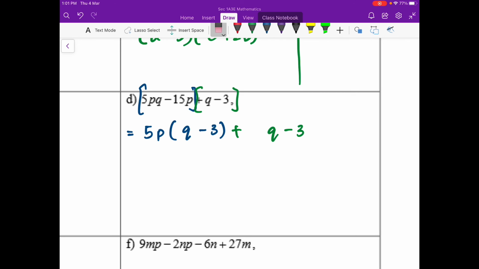Therefore, it is recommended. Then you put brackets over here. Recommended. And then you can choose to put a 1 if you like. Nothing wrong with that. As long as that's not your final answer. Okay? So with this, I recognize that q minus 3 is my common factor. And what is left will be 5p plus 1.